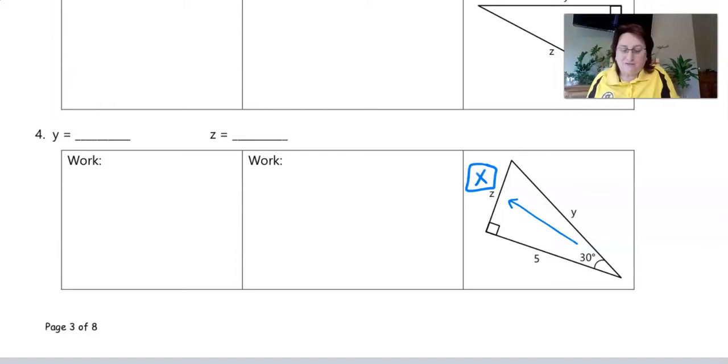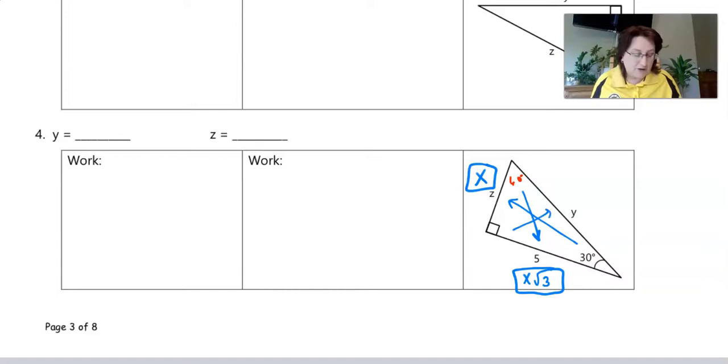Well, if you have the 30 and you have the 90, then the one that's left over is your 60 degrees. So the 60-degree angle is right there. Across from it is our ratio of x square root 3, and we put a box around it. And our hypotenuse, opposite the 90-degree angle, has the ratio of 2x.